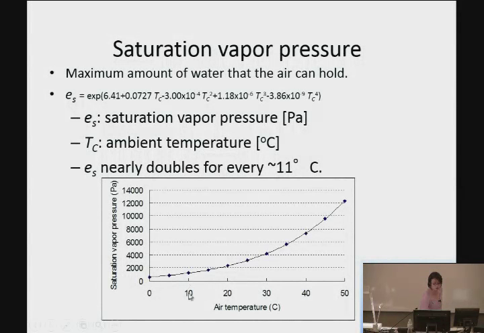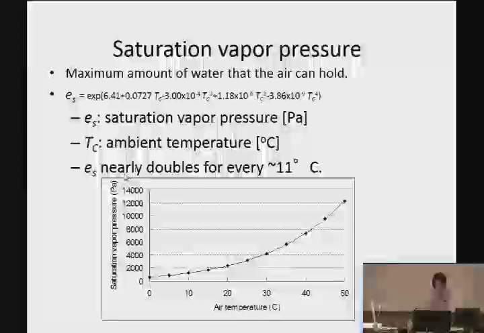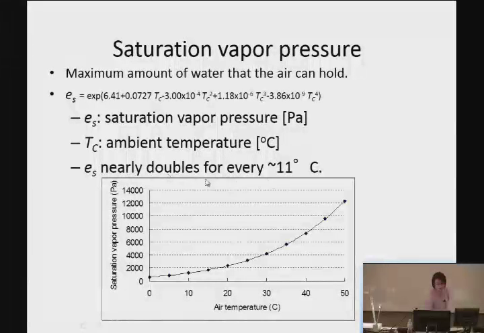So comparing 10 degrees C air and 50 degrees C air, the amount of water vapor the air can hold is what? More than 10 times. More than 10 times, between 10 degrees C and 50 degrees C. And as a rule of thumb, saturation nearly doubles for every 11 degrees C.